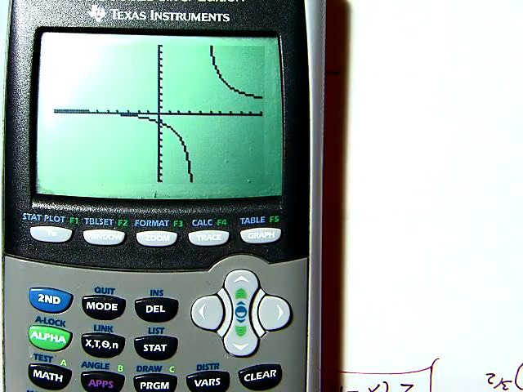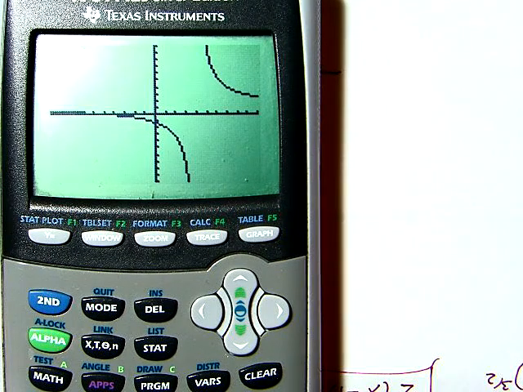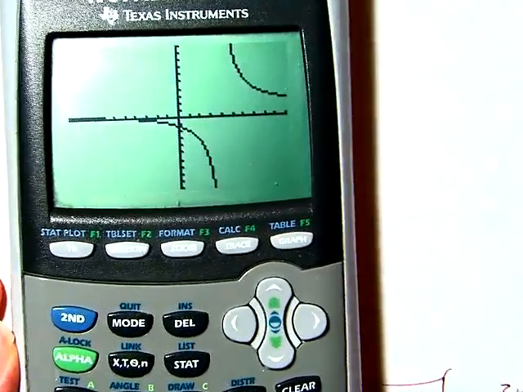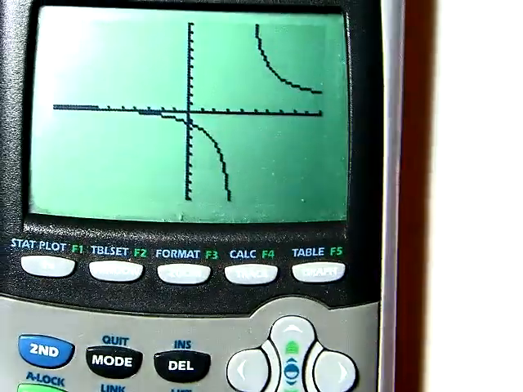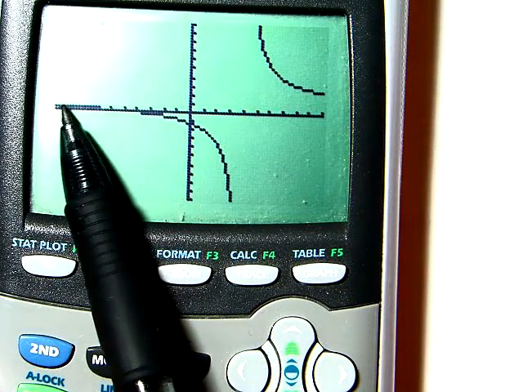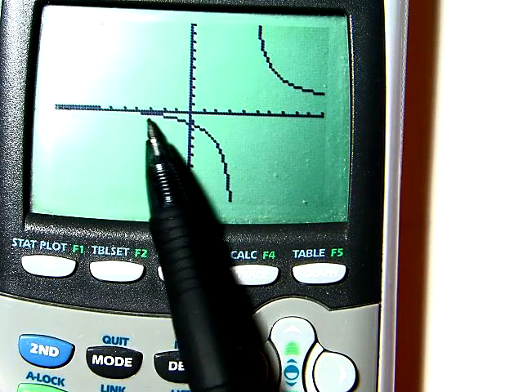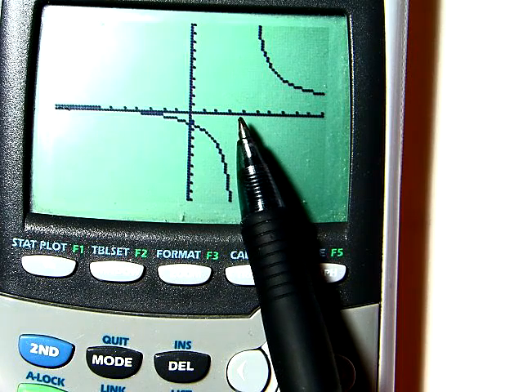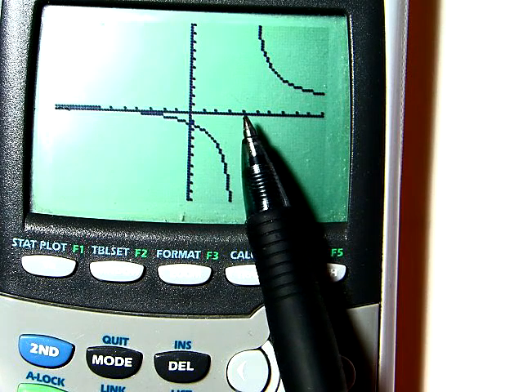What we see here should not be very surprising because we should be able to predict the appearance of this curve from the equation itself. Before we get into that, let's just take a look and confirm that this does look like a function. It appears to be crossing the x-axis and becoming slightly positive over here. We appear to have a vertical asymptote around here, at about 1, 2, 3, 4, about x equals 4.